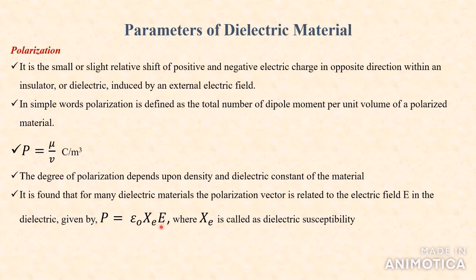Whenever we apply an electric field, the polarization will happen inside the dielectric material. So this polarization can be written as P is equal to epsilon naught into chi e into E, where chi e is called the dielectric susceptibility. So this is the property of the material. Okay, so the dielectric susceptibility we'll see.